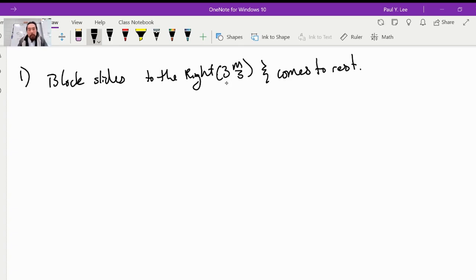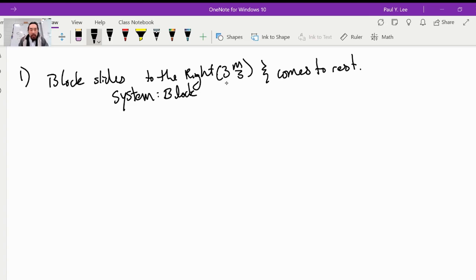Okay. And for these type of problems, it's very important to identify what the system is. Now, more often than not, the problem will tell you what the system entails. So I will tell you that the system will just be the block. Okay, it's just the block, nothing else.